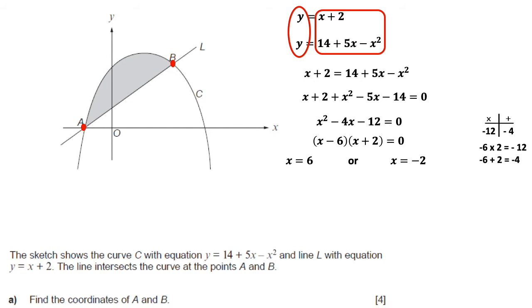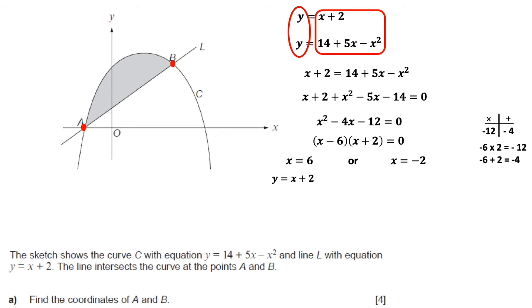If x is equal to 6, I can now work out the y ordinate. I could either substitute 6 into y equals x plus 2, or into y equals 14 plus 5x minus x squared, or into both if you want to double check. I'm going to go for the simplest one, I think, which is y equals x plus 2.